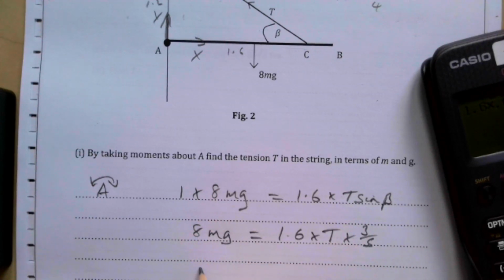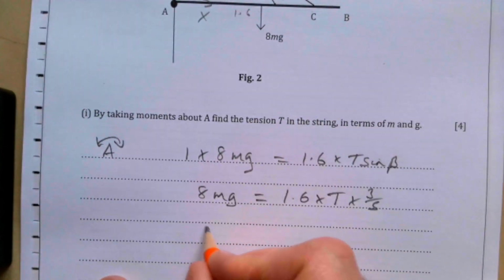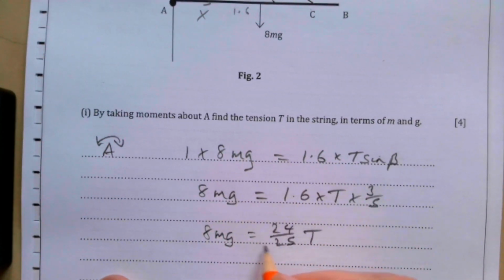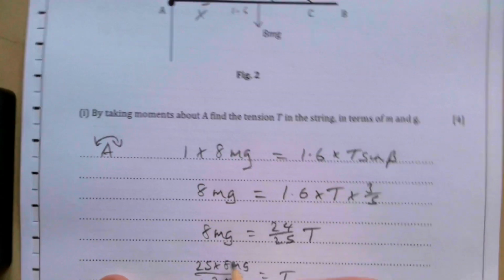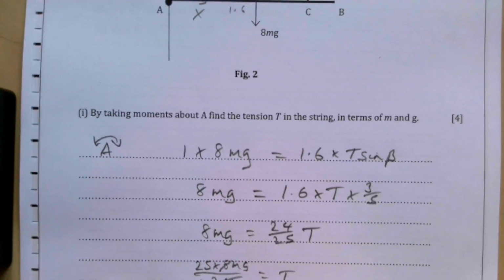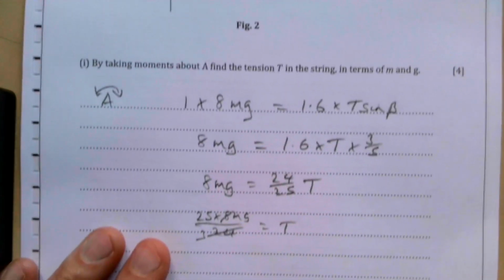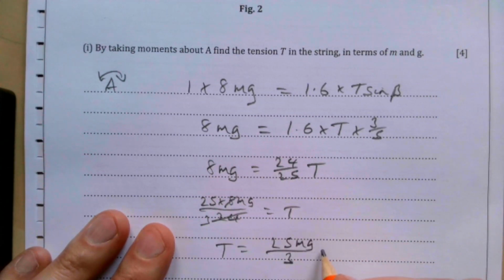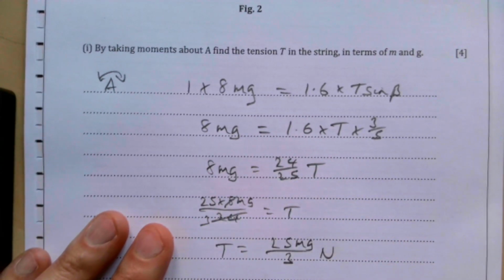So 8mg is 24 over 25 T. That means times by 25, so it's 25 times 8mg all over 24 is T. That's a 3, that's a 1, so it's 25mg over 3. And that is in newtons.